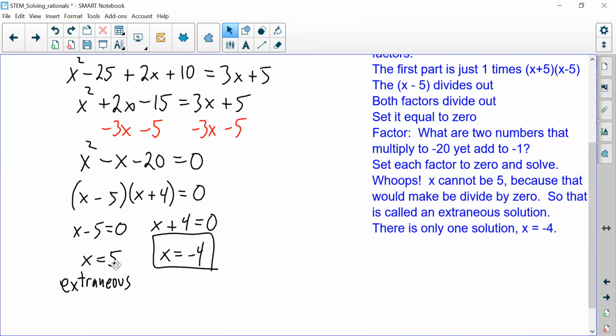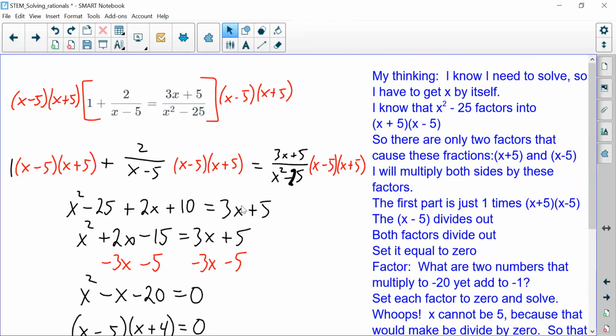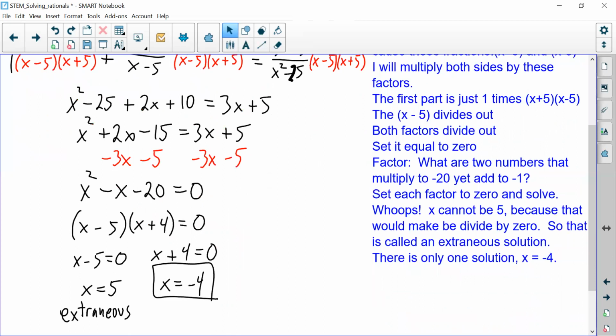So x equals 5 is not a solution. But this happens a lot in math, where you get a solution that is actually a false solution. So we call that extraneous. Now, negative 4 is not a problem. Negative 4 will not make me divide by 0. So negative 4 is the one and only solution.